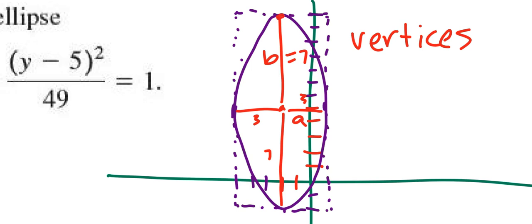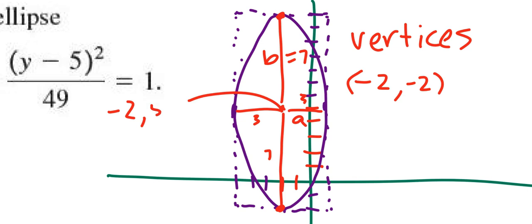They would be at the end of the major axis. Negative 2 is one of them. That's true. You went 7 units down from negative 2, 5. So if you go 7 units above 5, negative 2, 12.